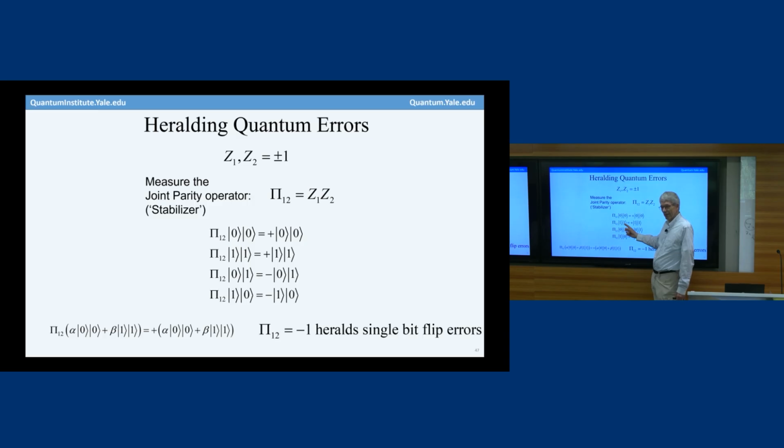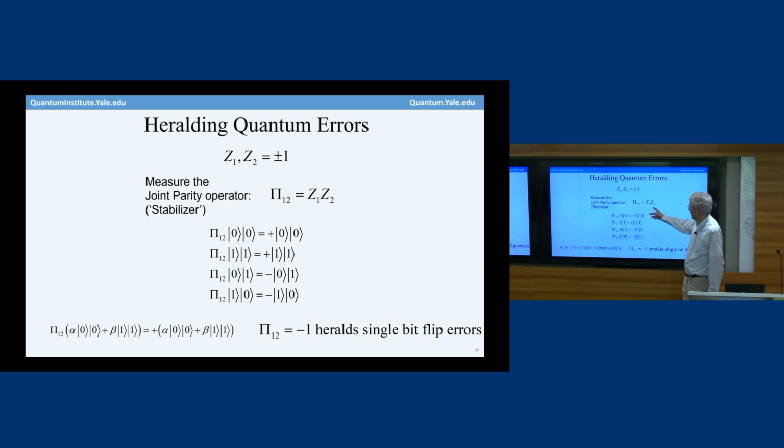Here they're the same. I get -1 times -1. That comes out plus. But if they're different, one of them gives me a minus sign. I don't know which one. Okay? And so if I were able to measure this quantity, I would get 1 bit of information. If it's minus, there's a single bit flip error. I don't know where, though.